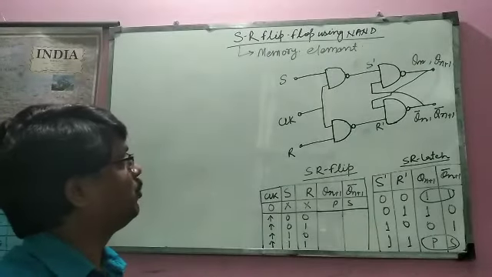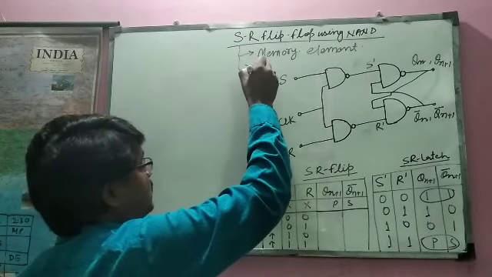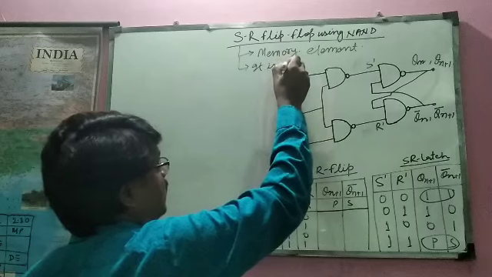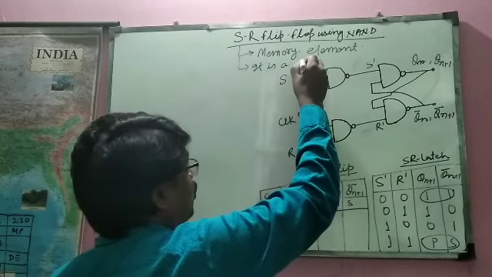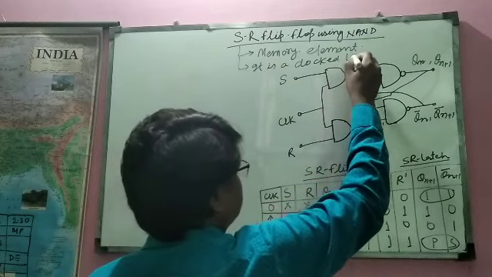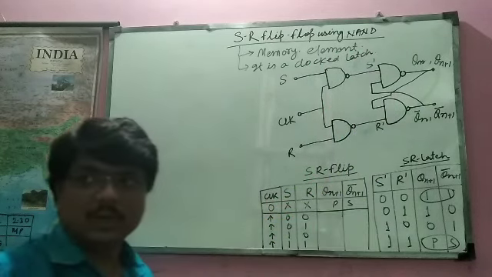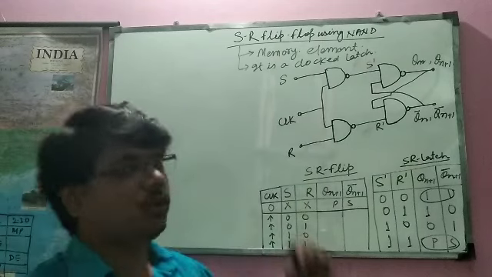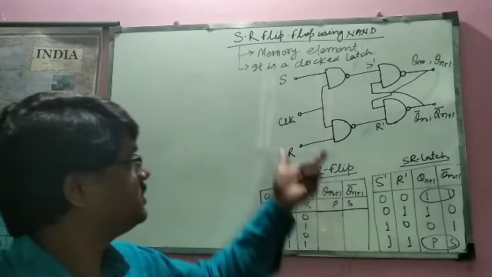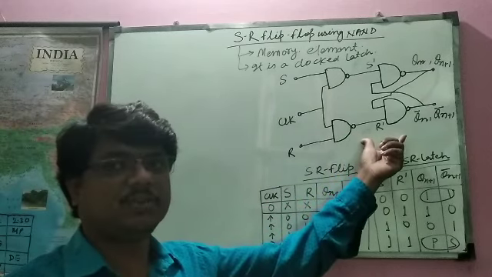One more thing I will say, it is a clocked latch. Why am I saying that it is a clocked latch? Because this flip flop is a modification of the latch.